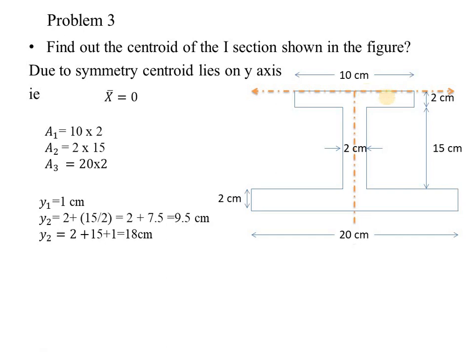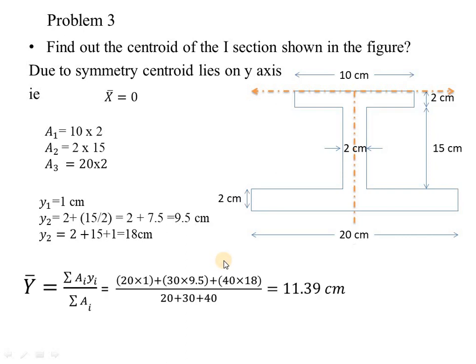So, y2 is equal to 2 plus 15 by 2. Then y3 will be located at the center of this portion, that is 1 centimeter from this point. So, the total y3 distance will be 2 plus 15 plus 2 by 2, that is 18 centimeters. Okay. Now, we can substitute the values in our equation and find out the y bar value.